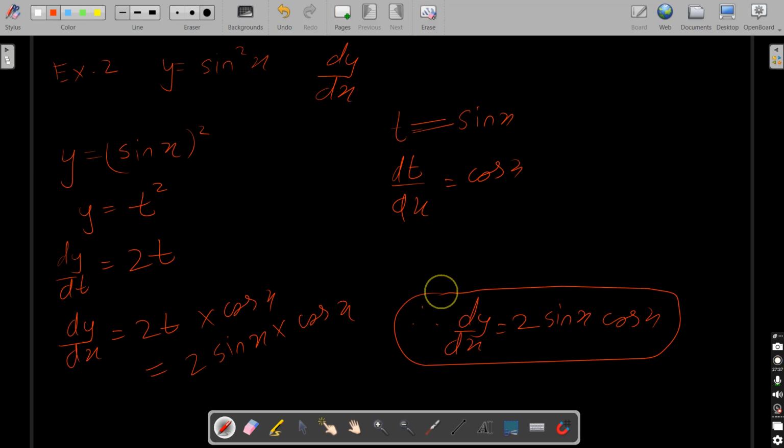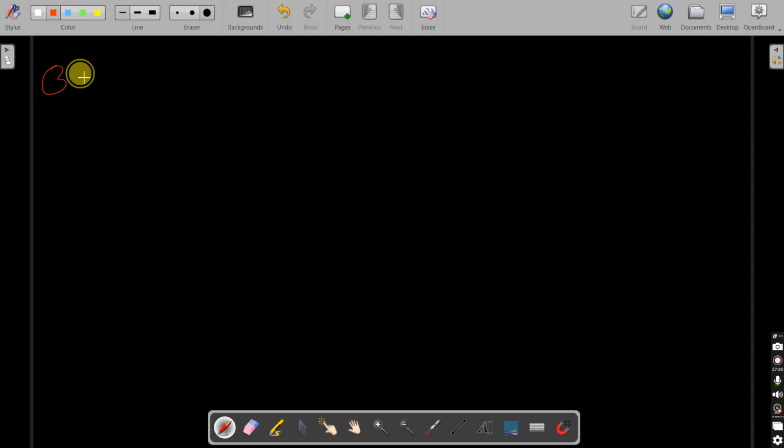Third question. If y is equal to sine of 4x, find dy by dx. Here we don't have sine x, we have sine of 4x. So substitute 4x as t. t is equal to 4x. So y becomes sine of t.